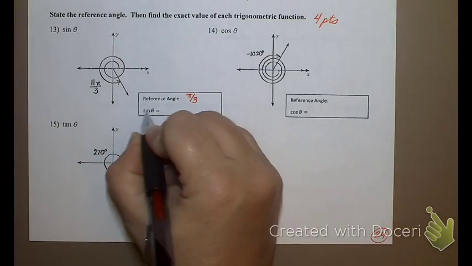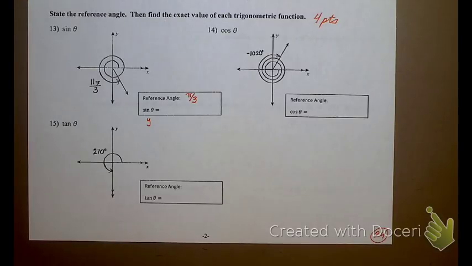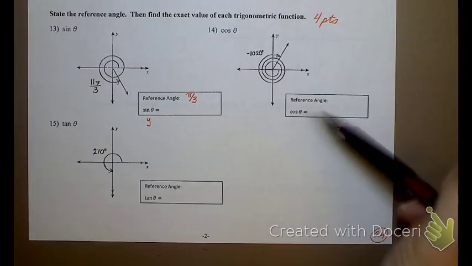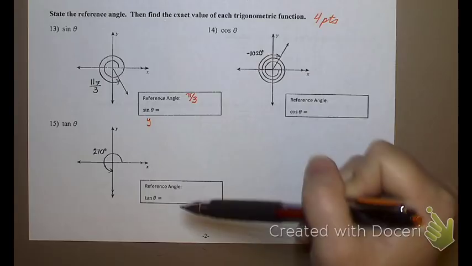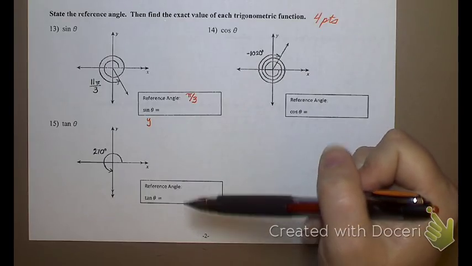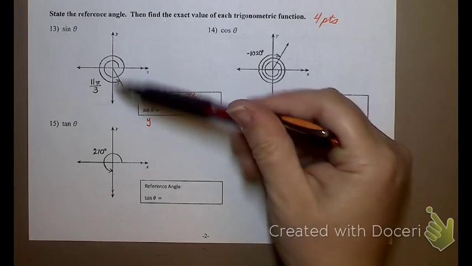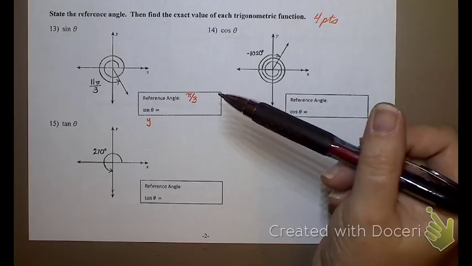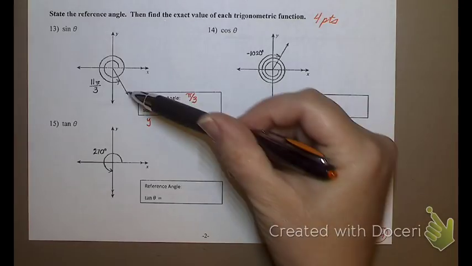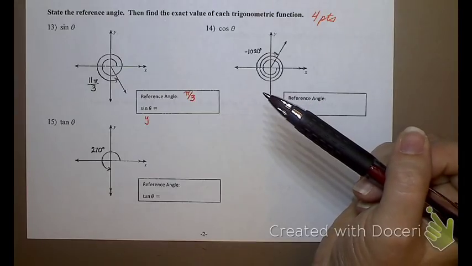So, here's what I'm going to think of. The sine of theta is really the y-coordinate at that location, correct? And if I'm asking you about sine, cosine, or tangent, these will be values on the unit circle. So I just need to figure out what is this reference angle, and then identify if that particular value is positive or negative in that quadrant. So I'm in quadrant 4. Is the sine value positive or negative in quadrant 4?